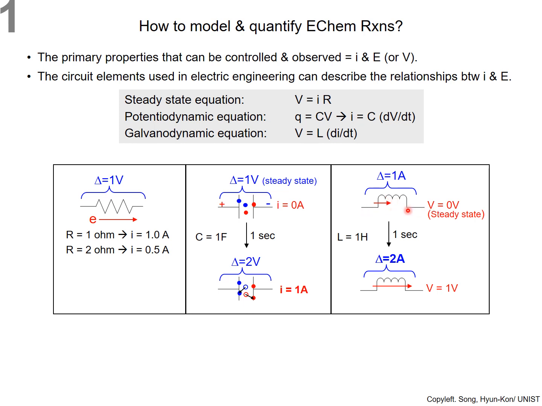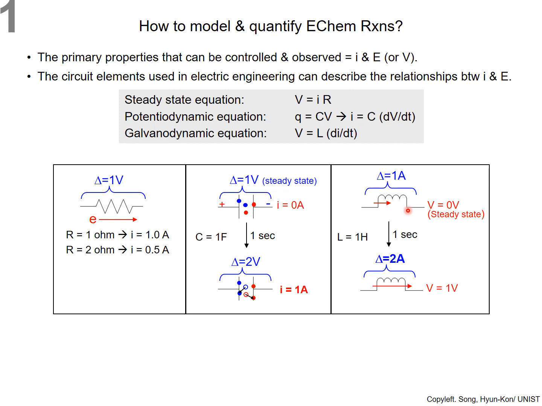Of course, this is just an electric conductor, and it is natural that the potential is not developed along the copper wire. It is just a coil. Basically it is the copper conductor.